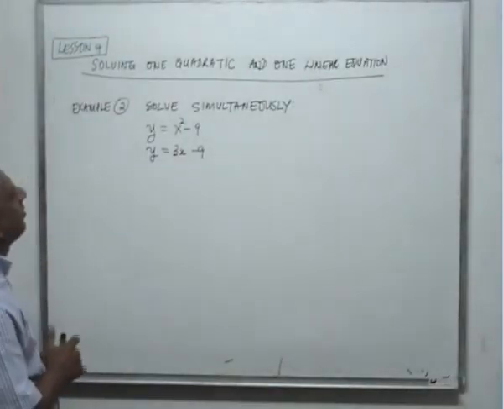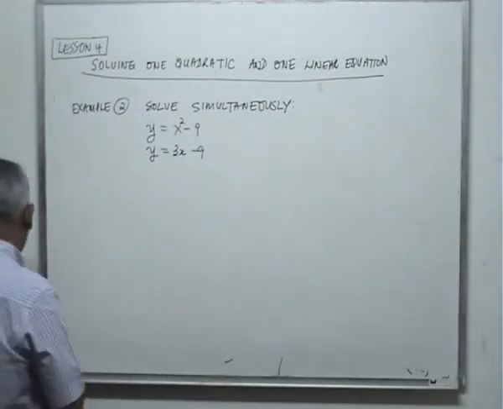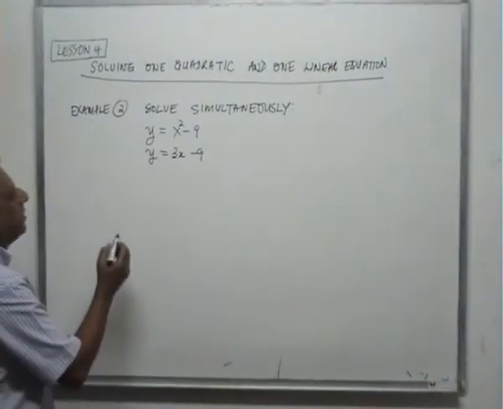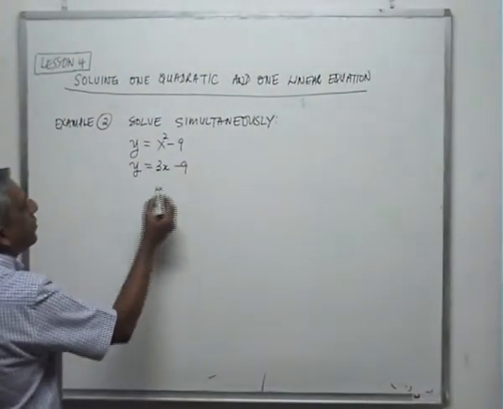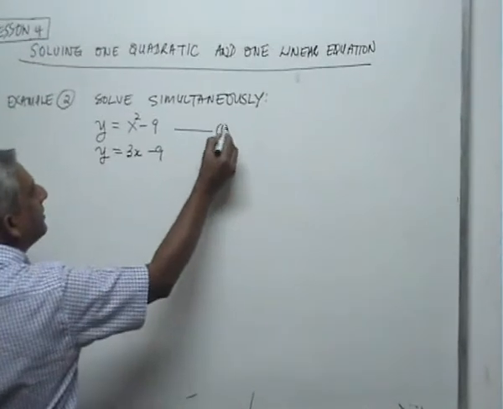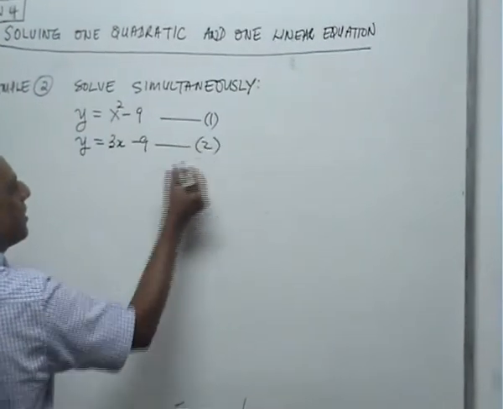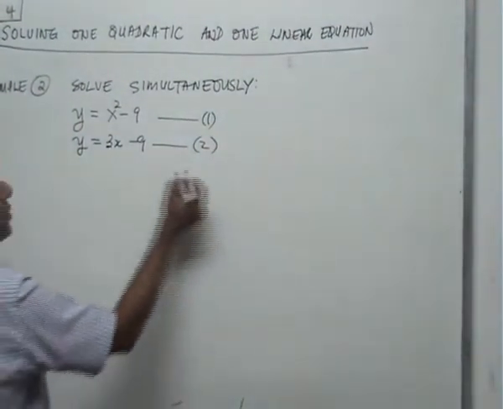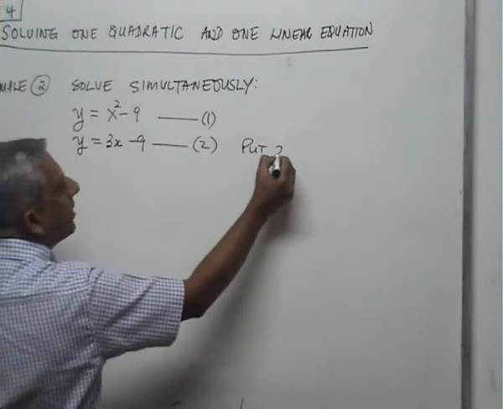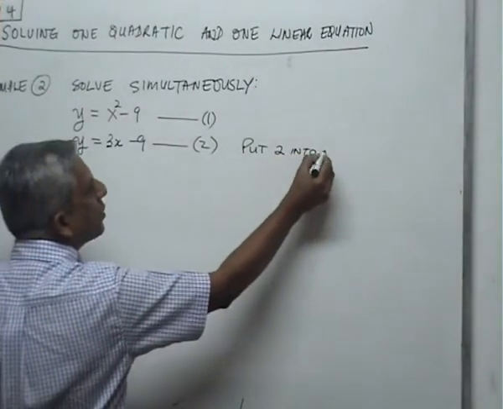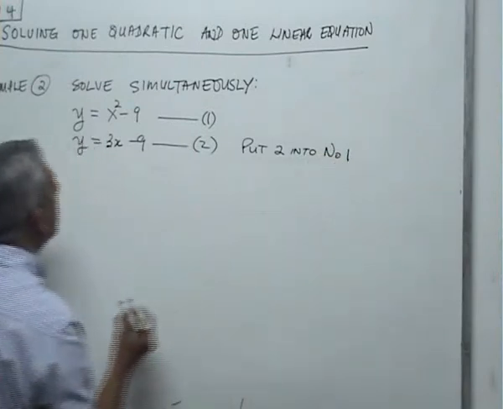Let's do another example just to get the system right. So if you look at this 2 here, I can call it equation 1, I can call it equation 2. And what I'm going to do, I'm going to put number 2 into number 1.